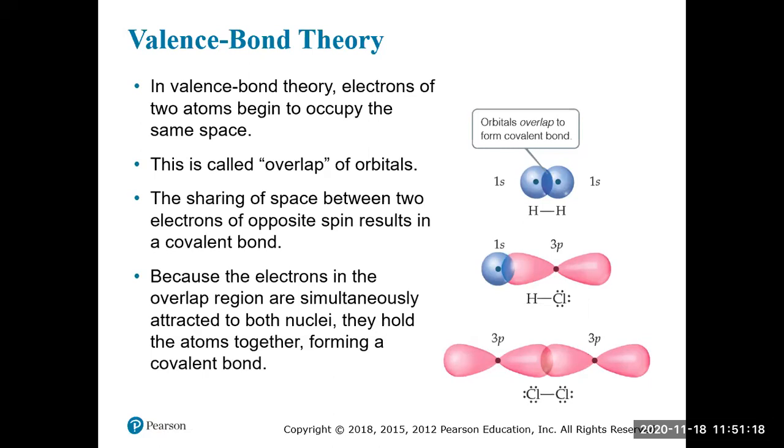The second one is HCl, and so we have a 1s electron from hydrogen interacting with a 3p electron from chlorine, and we have that overlap there to form the covalent bond. And then the third example is Cl2, so we have two chlorine atoms bonding together, and we see the overlap of the 3p orbitals there to form that covalent bond.